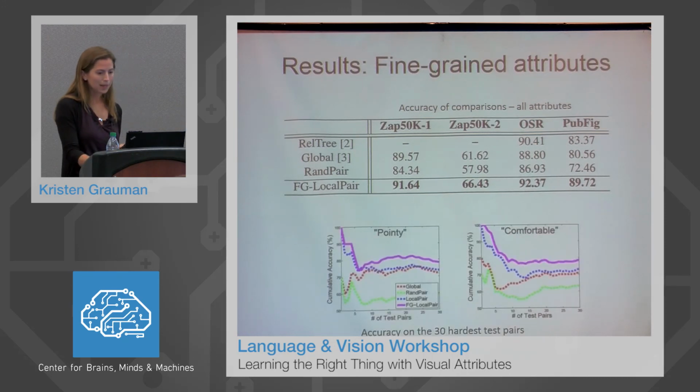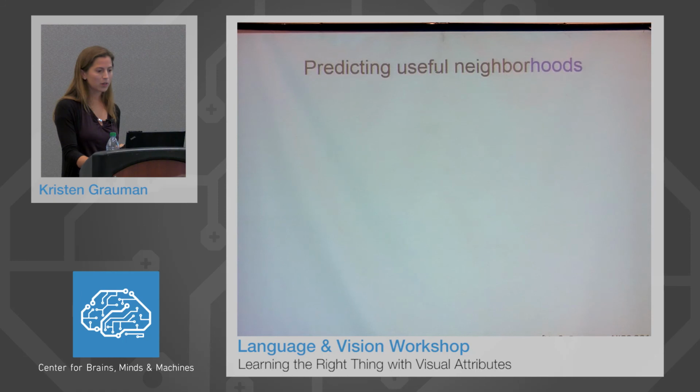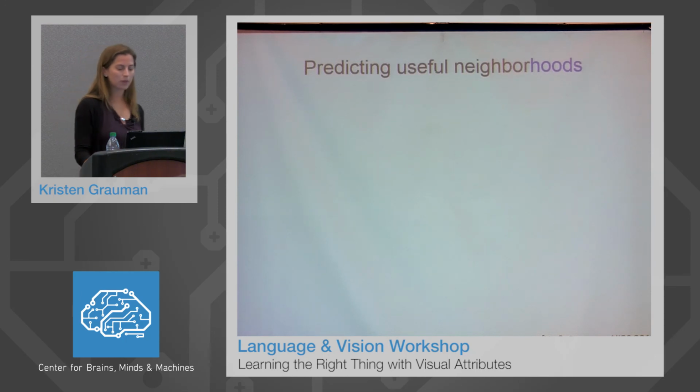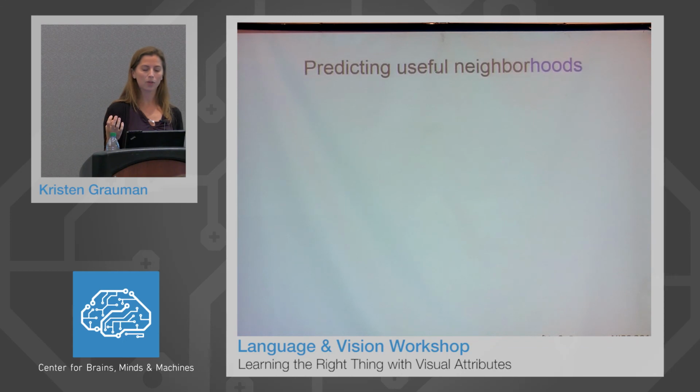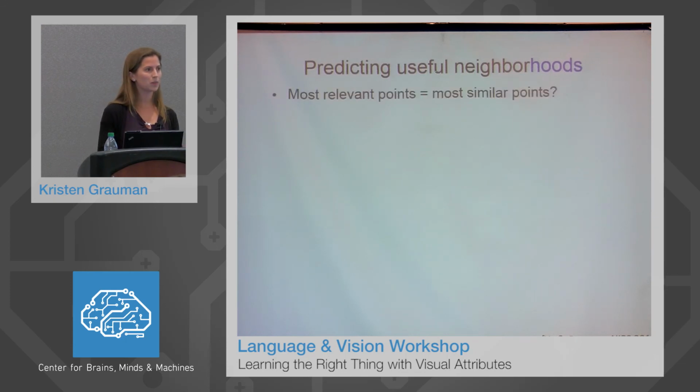Okay. And the final thing I'll share with you is the most recent step we've taken here, which is to think not only of learning a local model, but learning how to predict what neighborhood of examples is going to be useful. Okay, so in local learning, the standard is to assume that the things that matter most for predicting the label for a test case are the things that are closest to it.